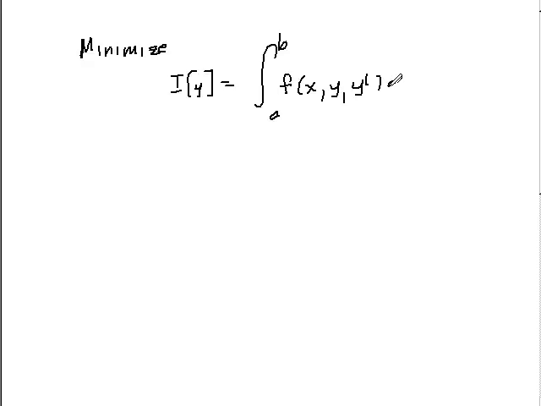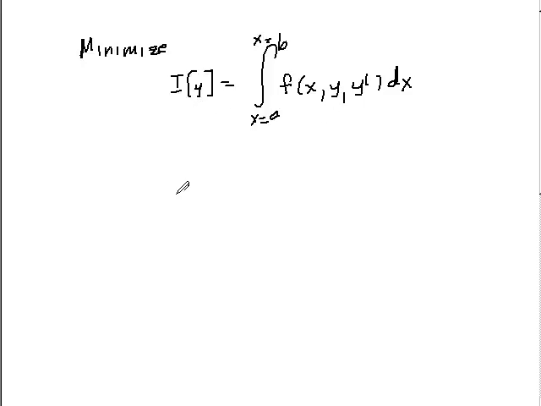Minimize I of y, an integral from a to b of a function of x, y, and y prime. Now, it certainly is a general function, right? I'm just integrating an arbitrary function of x, y, and y prime between x equals a and x equals b.